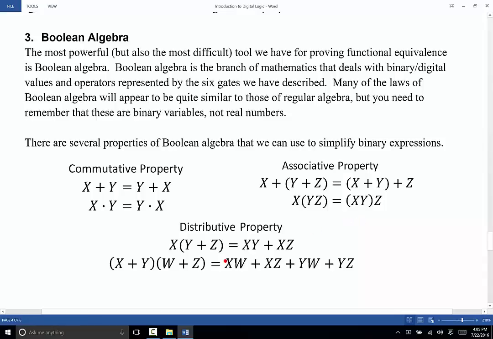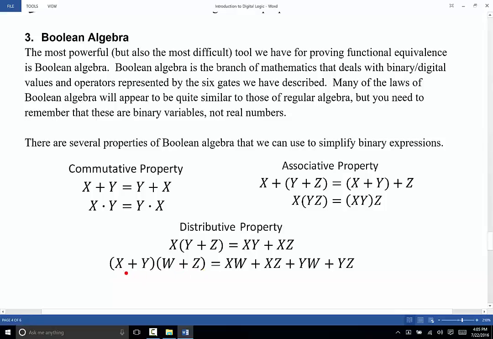The distributive property is very powerful. This says that if you have X and, notice that there's sort of a missing AND operator there, X and the quantity Y or Z, well, this can distribute the X into both of those terms. It becomes X and Y or X and Z. And that's exactly what you would expect if this were a regular algebraic expression. And then we can more generally do a FOIL, the first, outer, inner, last.